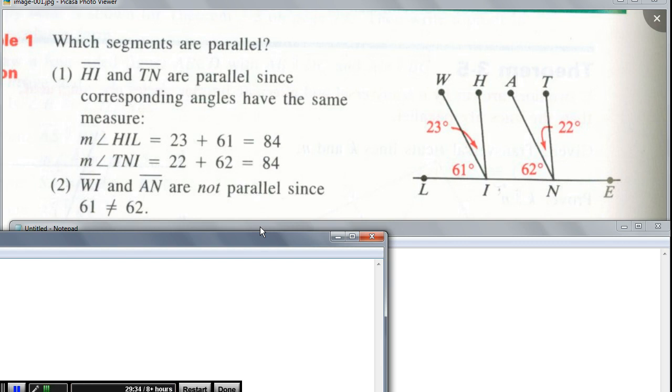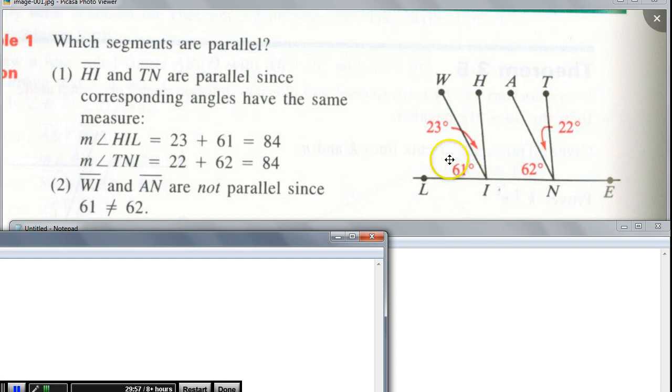Okay, Yechan, you have a question? Watch this. Imagine HI extending to become a line, TN extending to become a line, and imagine LE is your transversal. What is the measurement of angle HIL?